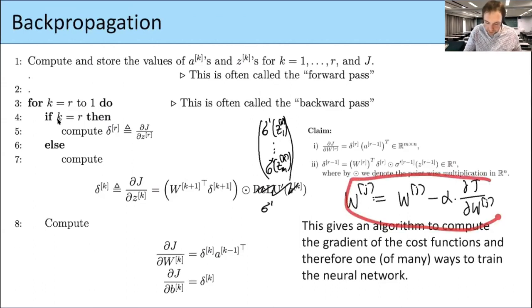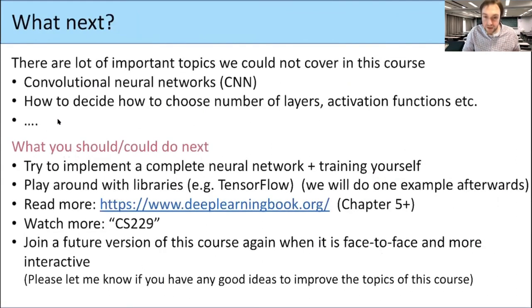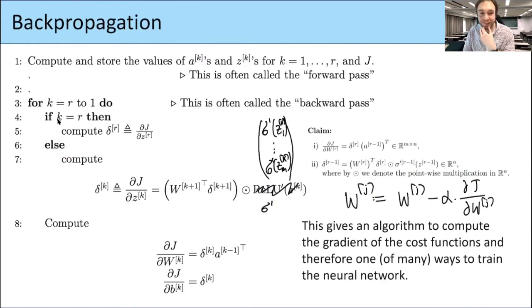So this will be the update rule for the W, and similar for the B's. And doing this a few times will then minimize, or at least make smaller, the cost function. Okay. Are there any questions on this?